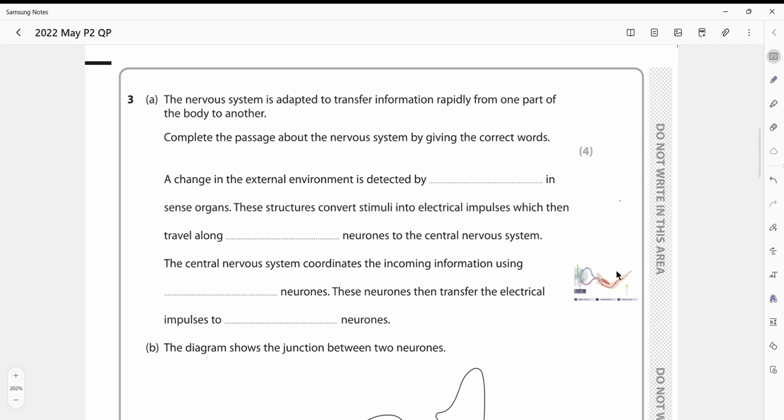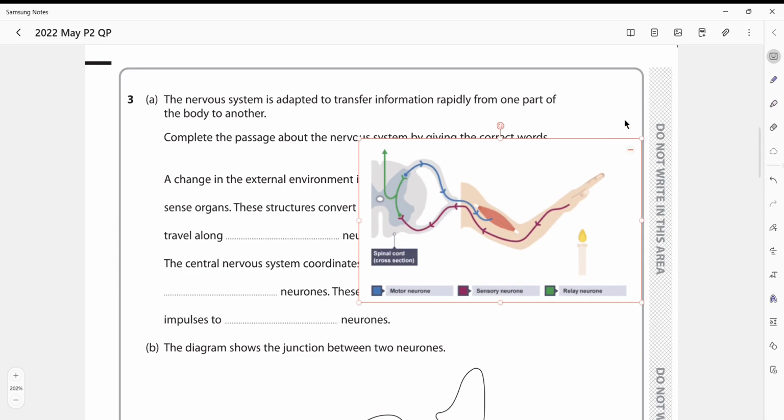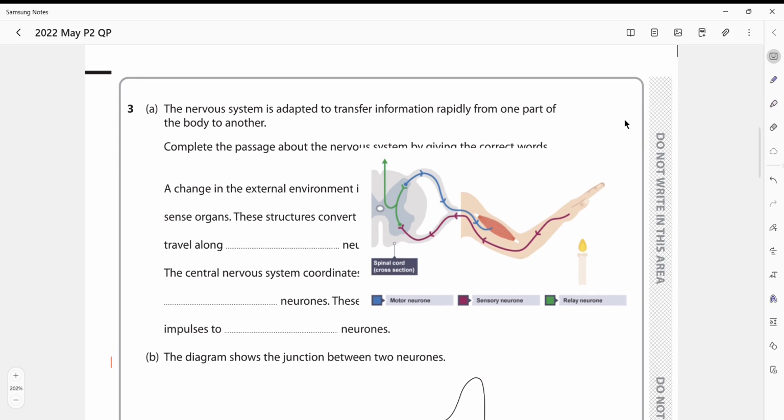All right, so I'm just going to go over the reflex arc for a bit, just to do a little bit of revision. So in our sense organs, we have these things called receptors. In this diagram, you would have receptors on our skin that can detect heat, right? And that would cause impulses to travel down the sensory neuron, that's the magenta one.